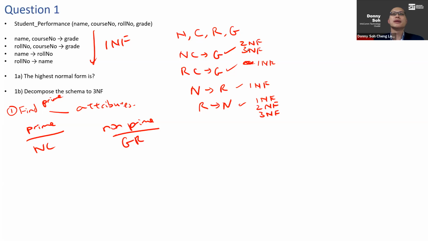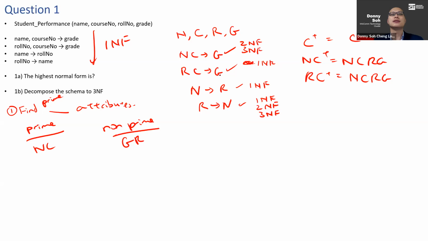So what is not in my left hand side, right hand side? G is only C. So I need to find my C closure, which is just C. So I need to find NC closure, which we found earlier is NCRG. As what Jia Wei mentioned, RC closure is also NCRG.